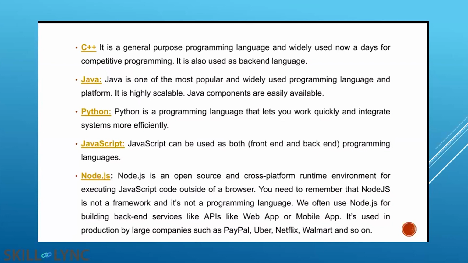And if not, another trend is JavaScript. You can make JavaScript a backend programming language also. And there is another trend where people don't use Java or Python, and the easiest way they use is Node.js.